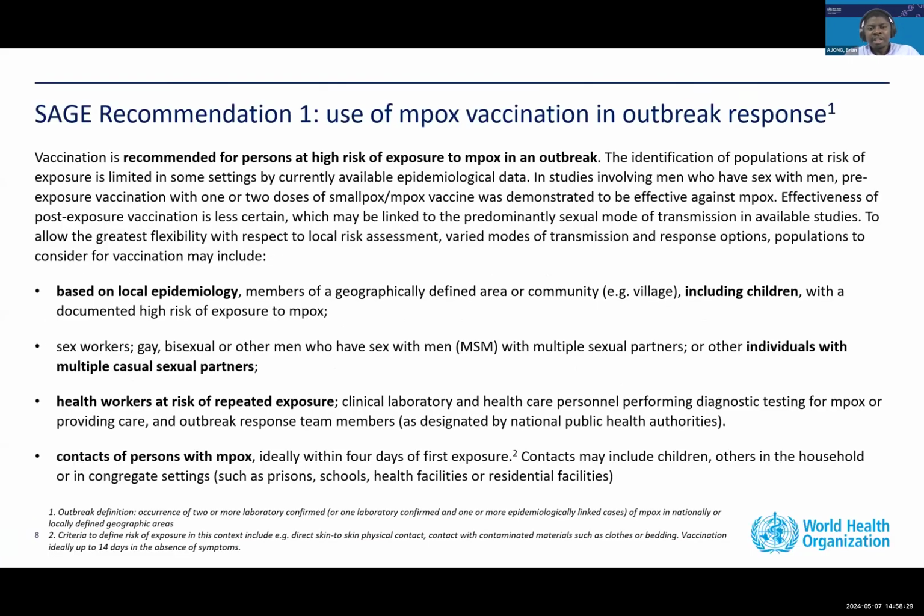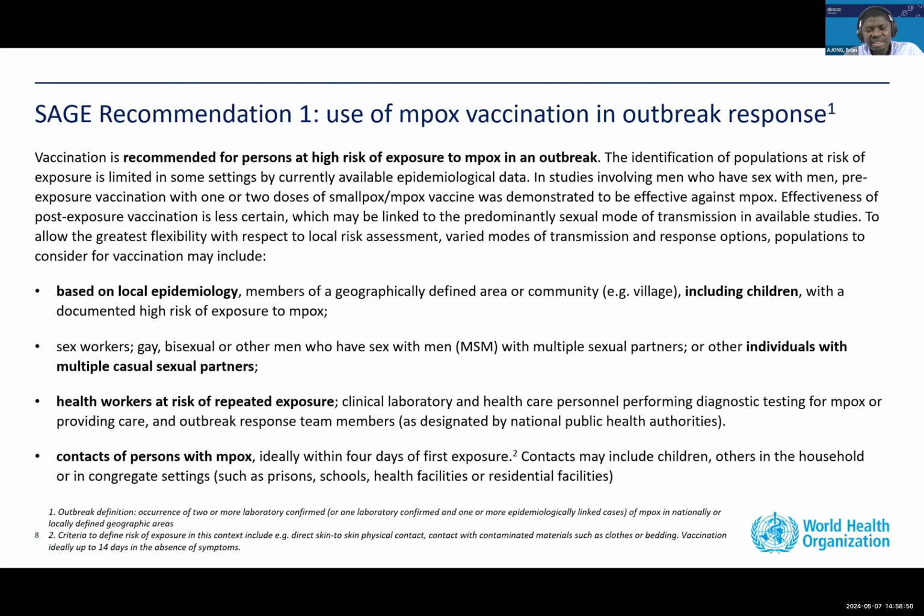Now, looking at the new SAGE recommendations, which were deliberated upon in March this year and are yet to be published, here are some of the new guidances that were provided by SAGE.